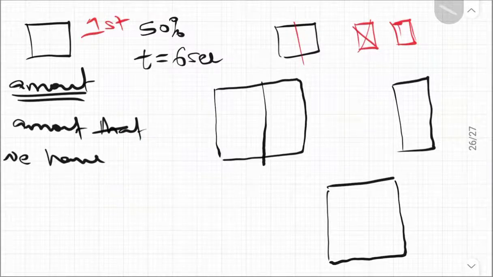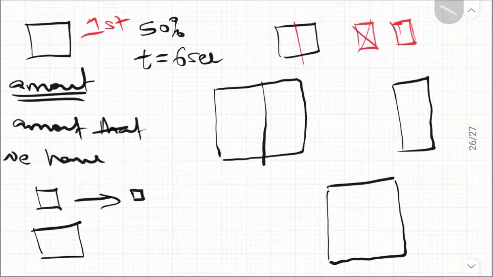So if you start up with something small, of course the amount that will decay for a given amount of time will be very, very small, right? If you start up with something big, the amount that will decay at a given amount of time will be big, right?